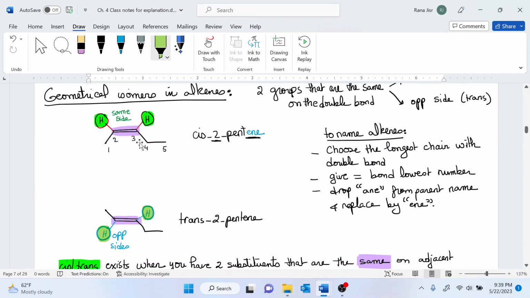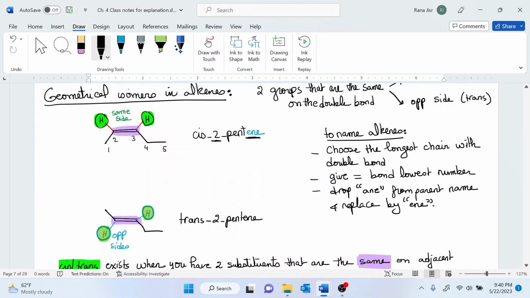Count all the carbons, including those of the double bond, and then drop the A-N-E of the alkane and add E-N-E at the end. Now, if your double bond is not at the end or on the first carbon, you have to locate where your double bond is in the chain. So here your double bond starts at carbon number 2, so it's going to be 2-pentene.